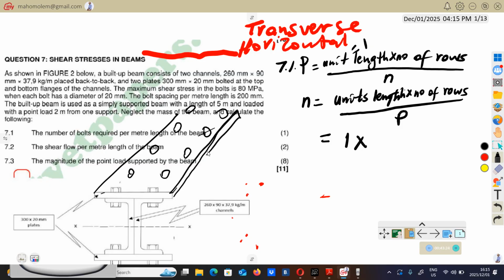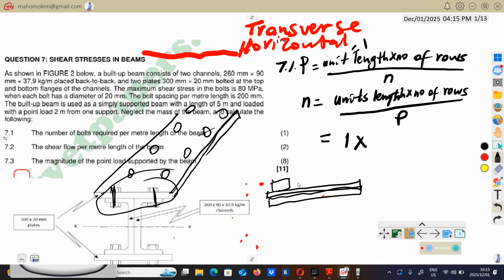So when you check this from the front view here, you will see 1, 2 bolts. So if it happens that maybe you will see 3 bolts like this from the front view, then that means the number of rows is 3.